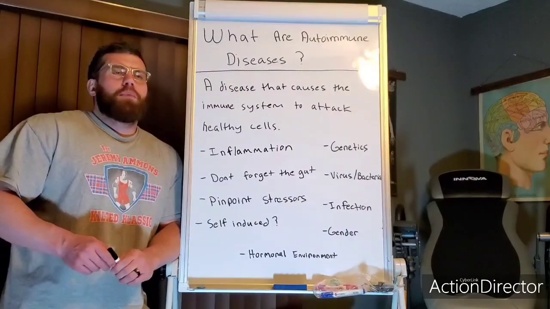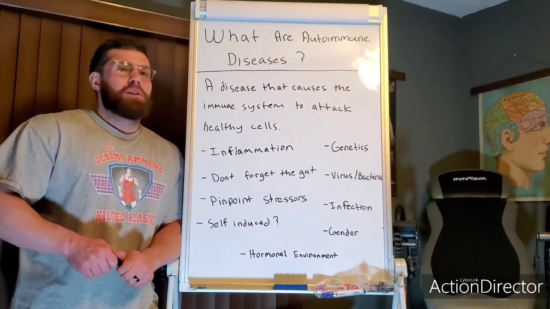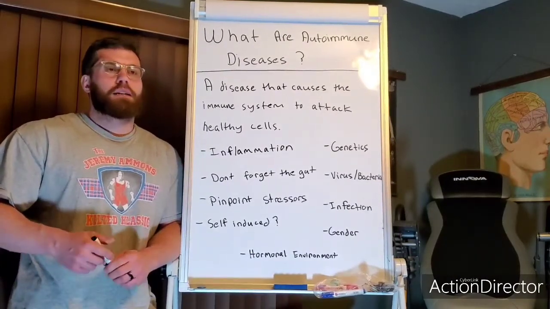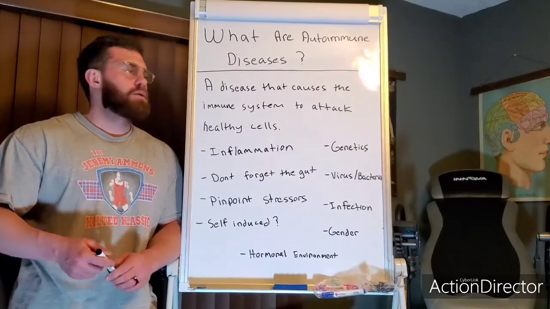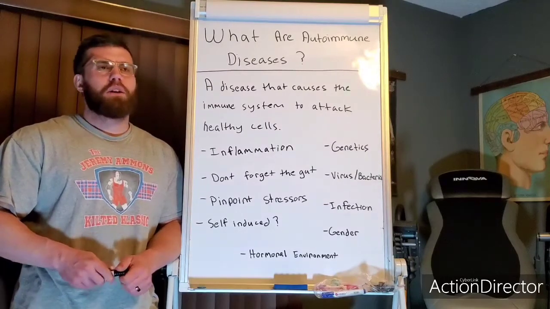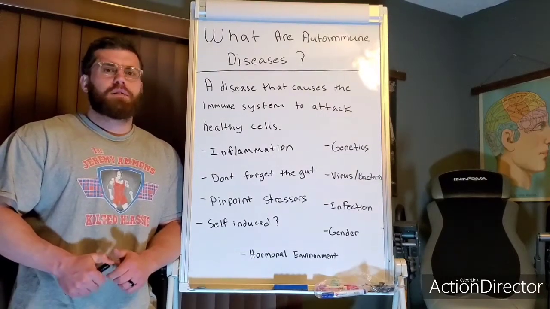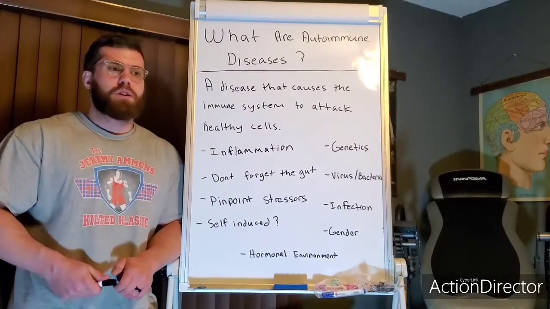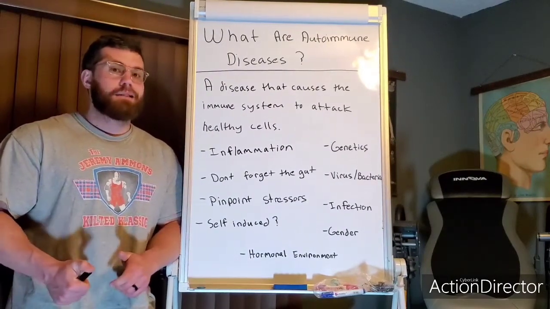Some common ones that people are probably familiar with would be type 1 diabetes, where it attacks the pancreatic cells, things like Hashimoto's thyroiditis, Graves', and potentially Addison's disease, if you've listened to my adrenal insufficiency talk.